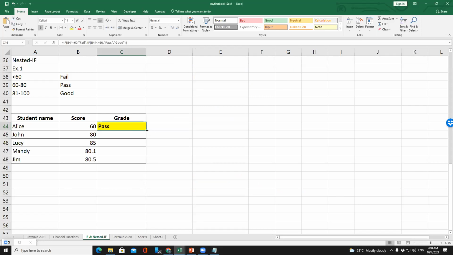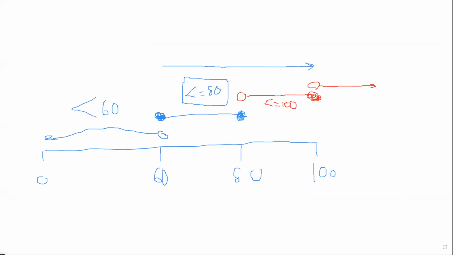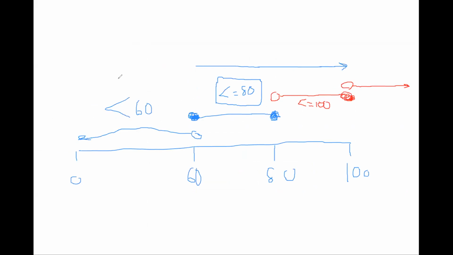Now let's move back to this one. You can see that in here we have the grade for everyone already. Now let's compare this with the number line that we have got. For the first person, hang on, this is fail, the second one is pass, the third one is good.